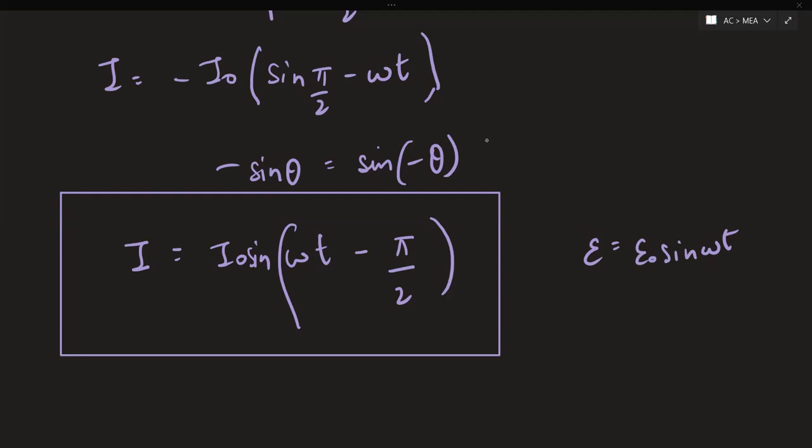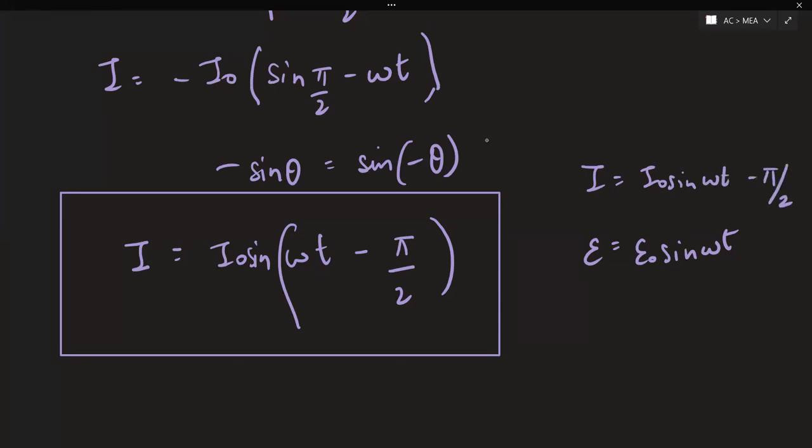Now what we'll do, E is equal to E naught sine omega t, I is equal to I naught sine omega t minus pi by 2. So as rightly answered by Madiha, pi by 2 is the phase angle. Had it been I is equal to I naught sine omega t, this would have been depicting the same phase.